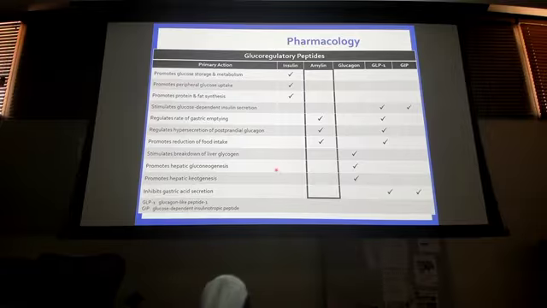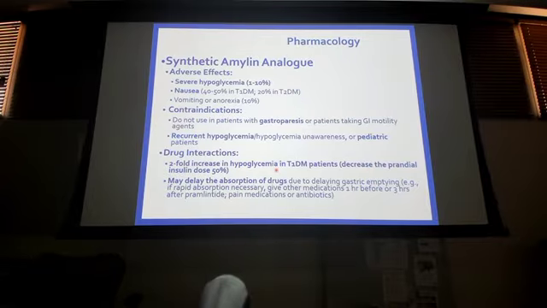This slide just goes over what we've been talking about the last few slides. All right, so the biggest concern with pramlintide is going to be your hypoglycemia, especially in your type 1 patients. And then nausea is also common, especially when people are starting it. And the higher the dose, the more nausea is going to be a problem.